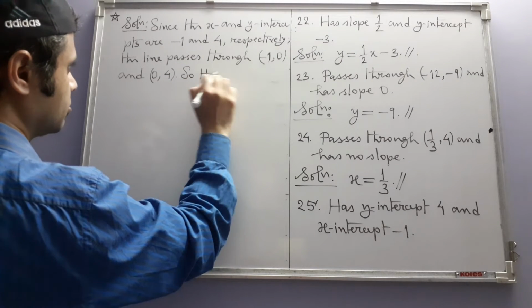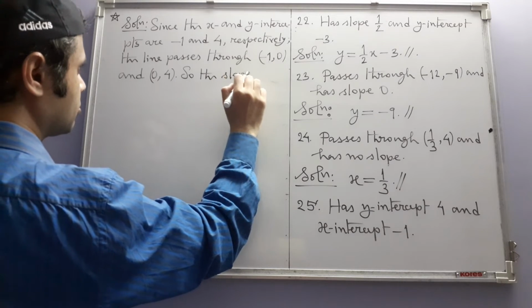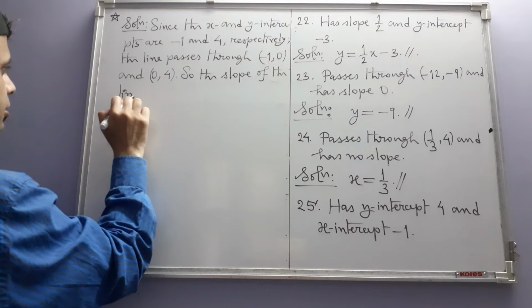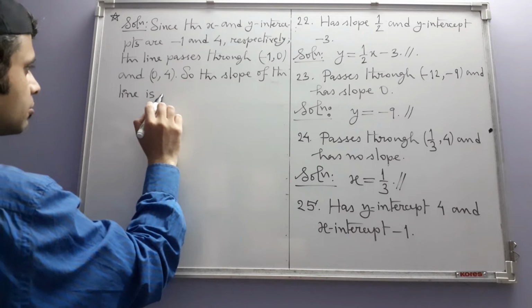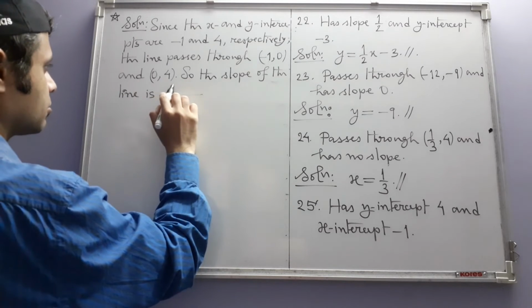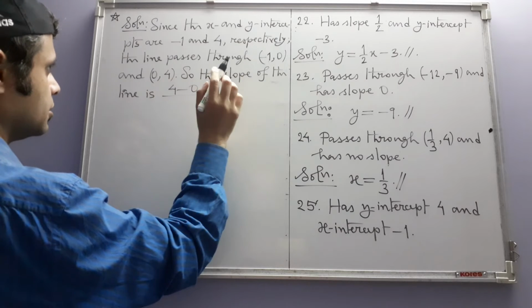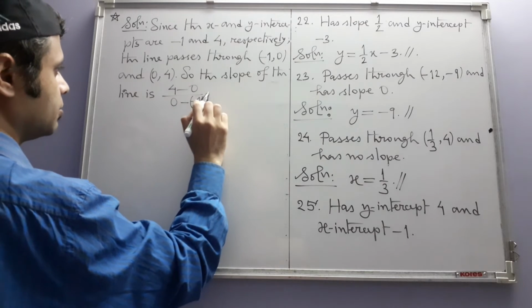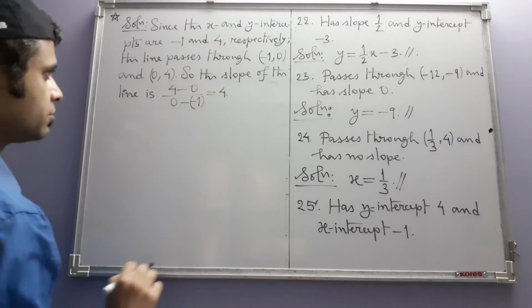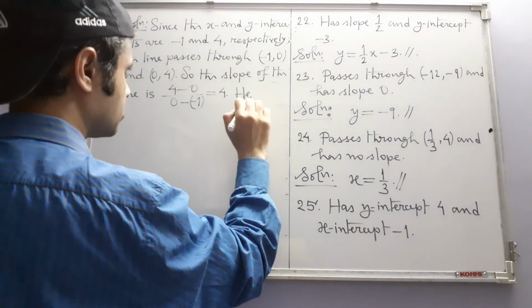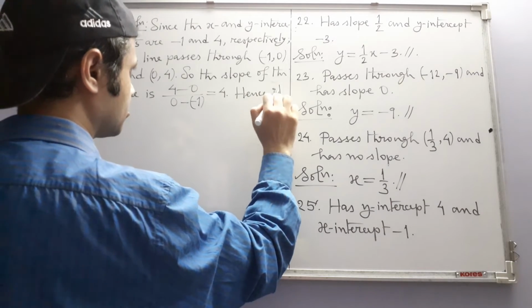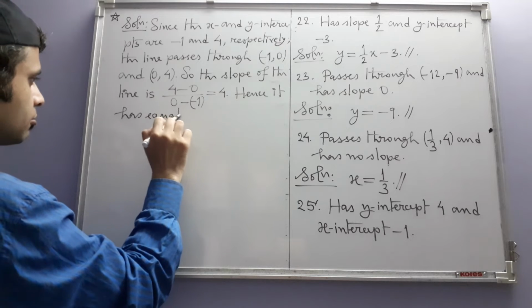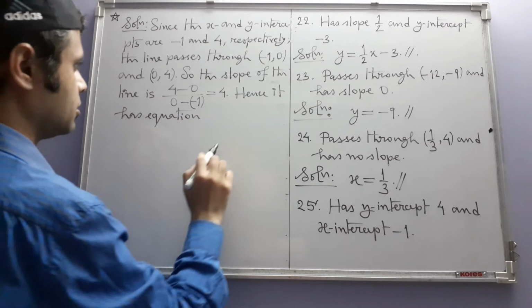So the slope of the line is 4 minus 0 divided by 0 minus -1. So the slope is 4. Hence it has this equation.